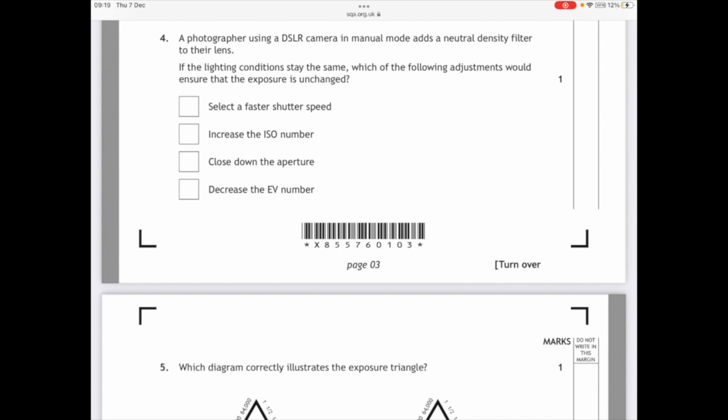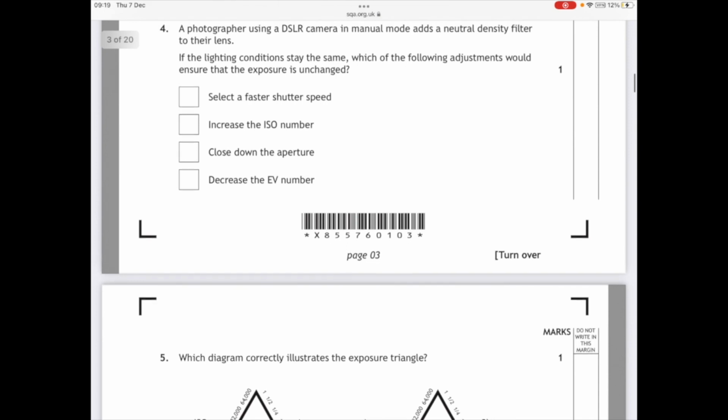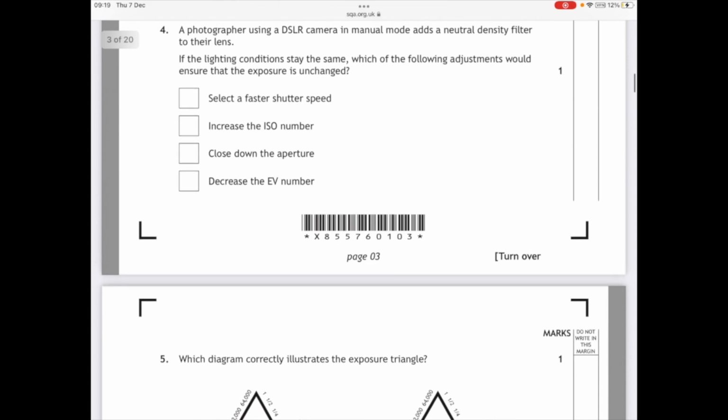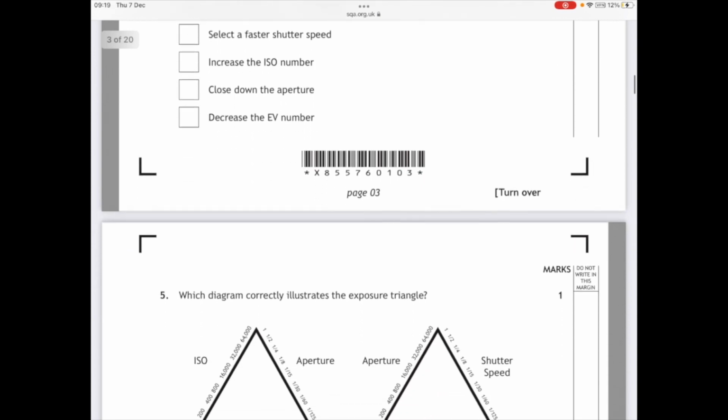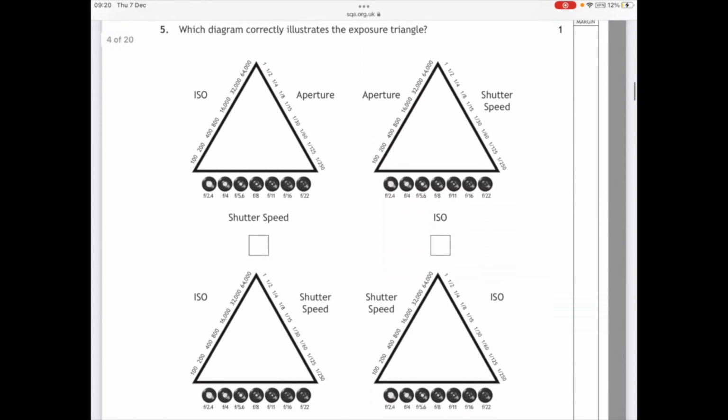So within that instance, if we're putting an ND filter onto the lens, we would need to use a slower shutter speed, make the aperture bigger, or increase the ISO number. So yeah, it's sunglasses. It means that we need more light to hit the sensor, or the sensor to be more sensitive to light. Hope that makes sense. It's quite a hard question.